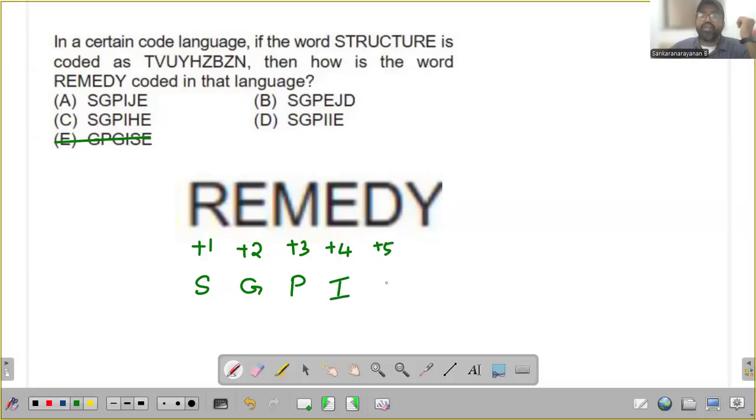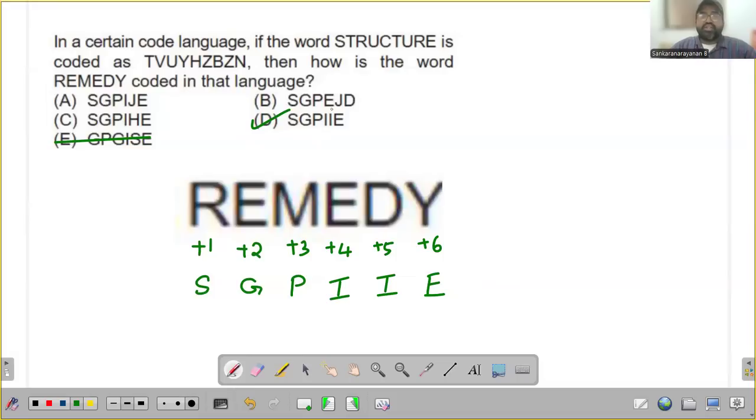So it has to be I. Plus 6. You know that Y, Z, A, B, C, D, E. So it will be coded in this manner. S, G, P, I, E. And you can see here option D reads S, G, P, I, E. So for this ninth question, option D is going to be my answer choice. Okay.